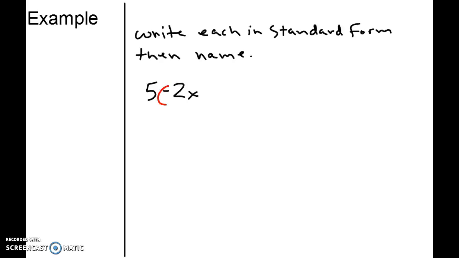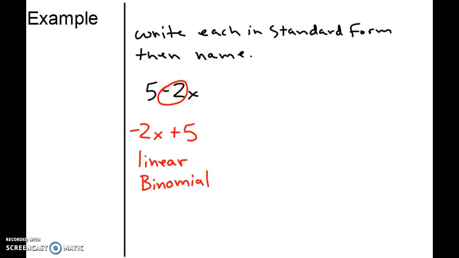Okay, remember this negative goes with the 2, so we would rewrite that as negative 2x plus 5. And because we just have a single x there, we would say that's linear. And there are 2 terms there, so that's a binomial. You've probably seen that more often than not. Linear binomials, you've had a lot of practice with that. Now we're just giving a name to it.